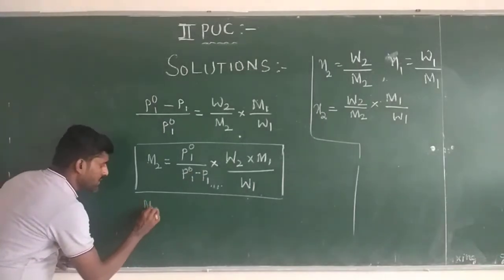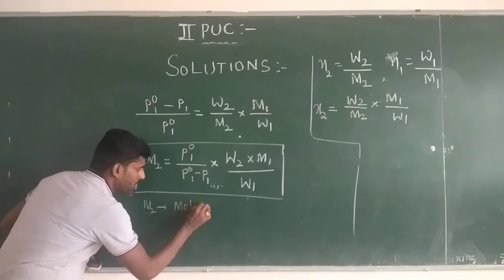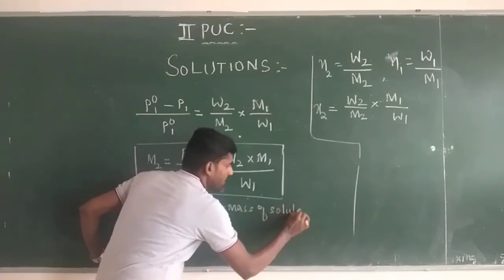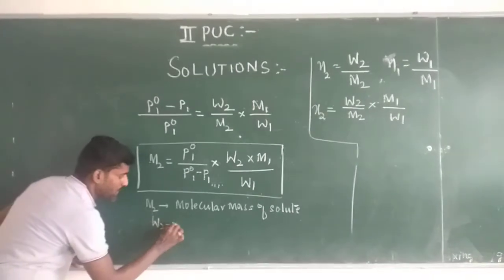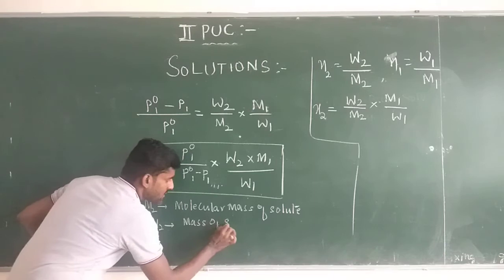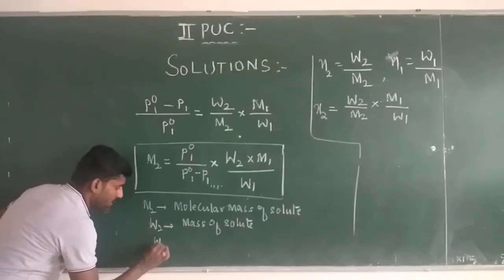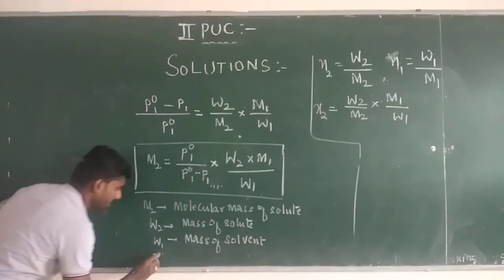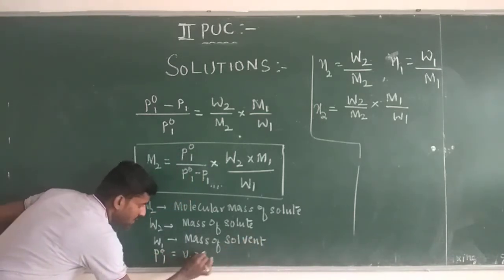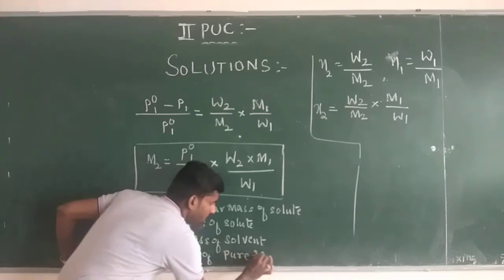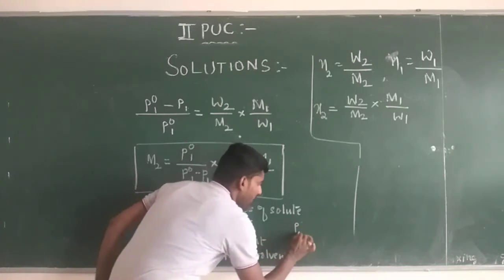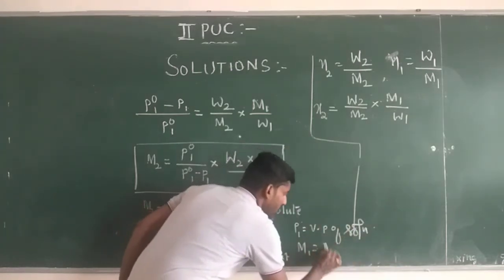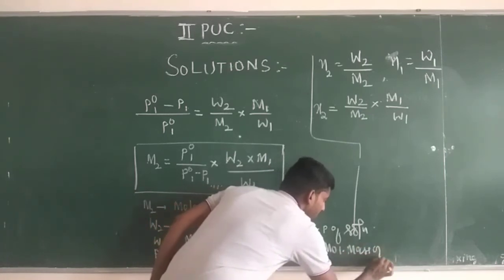That is, M2 is equal to P01 divided by (P01 minus P1) into W2 into M1 divided by W1. Here M2 is the molecular mass of solute, W2 is the mass of solute, W1 is the mass of solvent, P01 is the vapor pressure of pure solvent, P1 is the vapor pressure of solution, and M1 is the molecular mass of solvent.